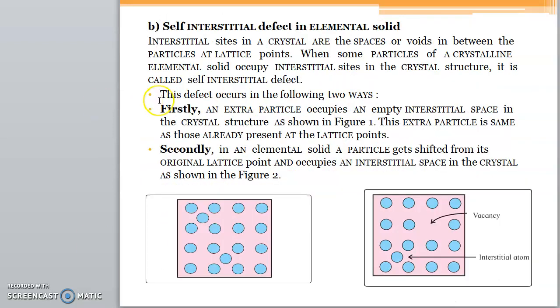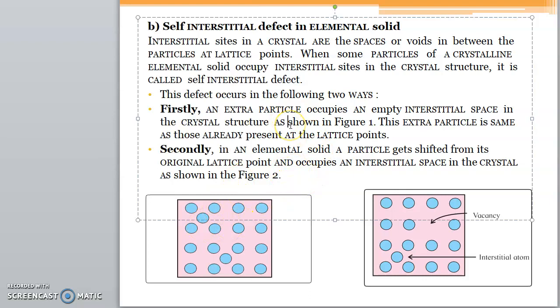That is the vacancy defect. Now let's look at the second type of defect, which is the self-interstitial defect, which is part of stoichiometric point defects. Now what is the meaning of interstitial? Interstitial means there is something extra, a point or a particle occupying a space in between the lattice structure.